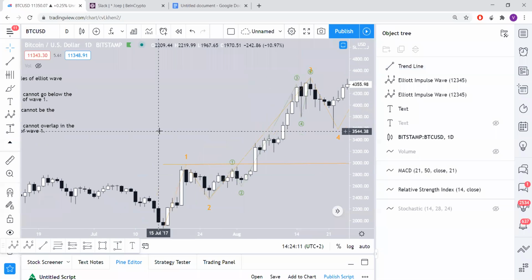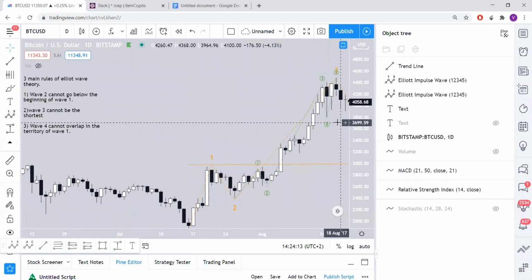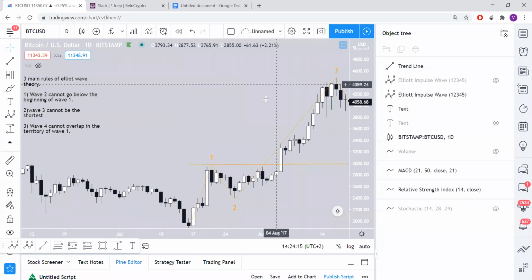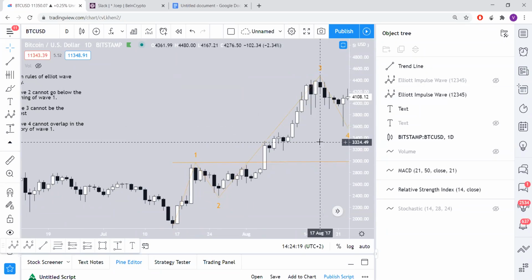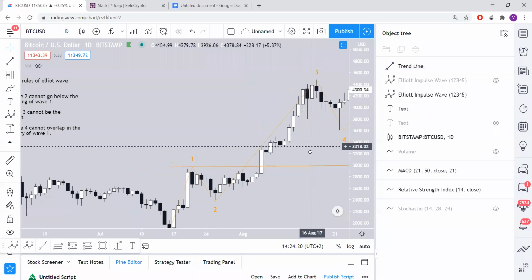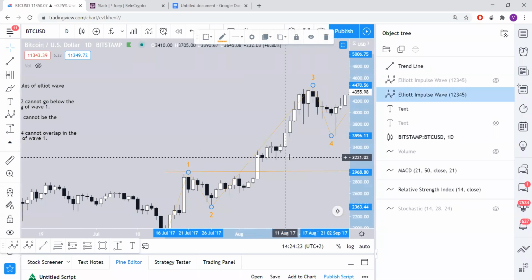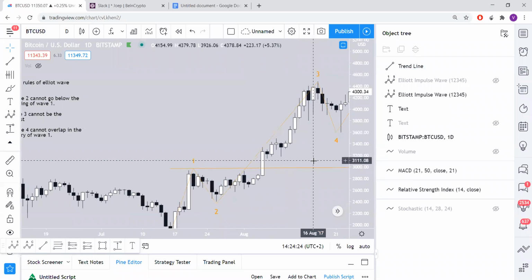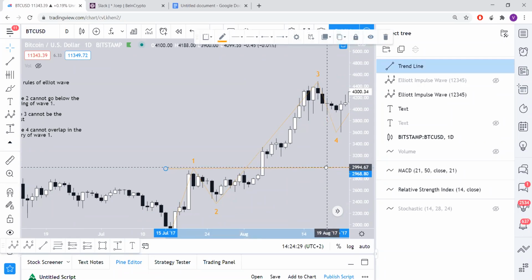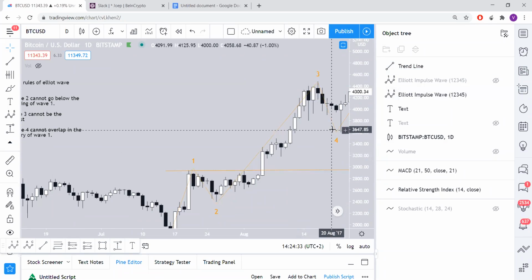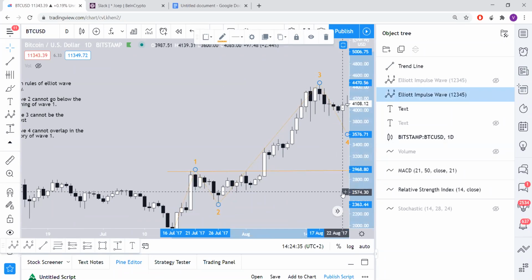Now, say that you were trading this and the price is about here, and you have this as a potential 5-wave formation, but wave 4 has not ended yet. So here would be a good place to place a stop loss. Here, actually, to be more precise, because if the price were to go through here, then your wave count would be incorrect.